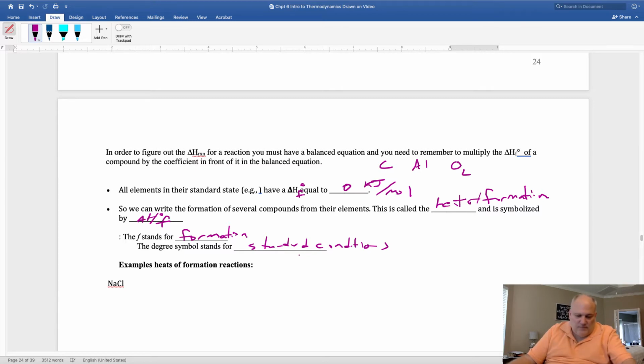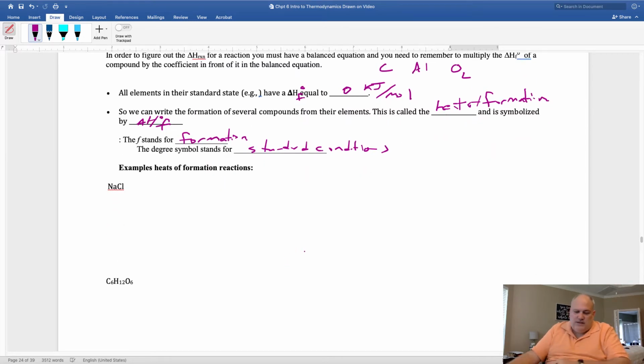Now, how did they figure out the enthalpies of formation? Let's say we were trying to figure out how we got 1 mole of NaCl. So let's put NaCl over here, and then write an arrow next to it. How do we get to NaCl? Well, we must have started off with Na, which is usually a solid, and put it together with Cl. Now remember, we have to put the elemental states together.